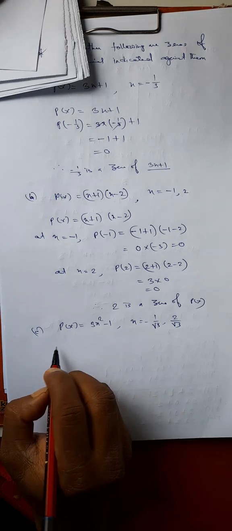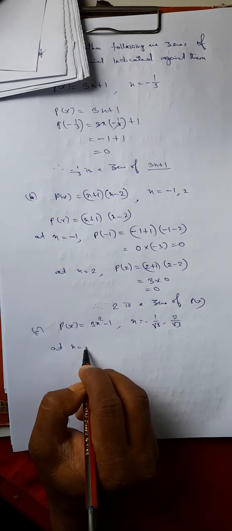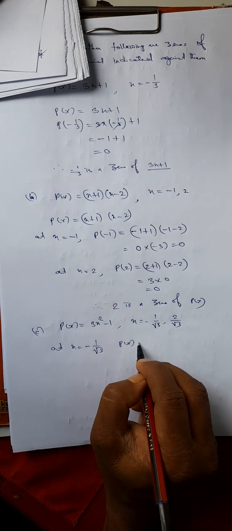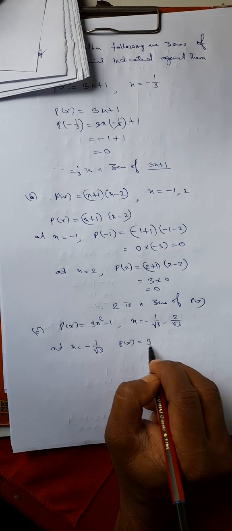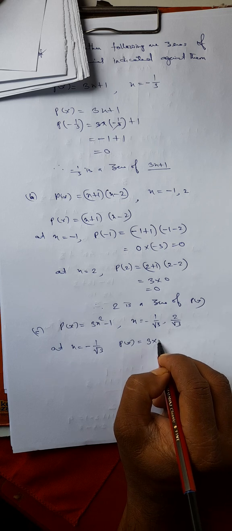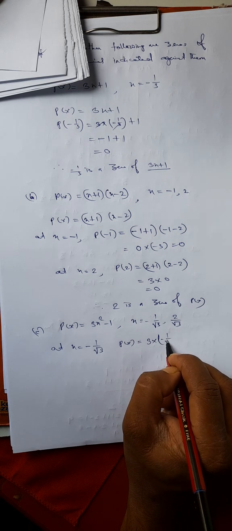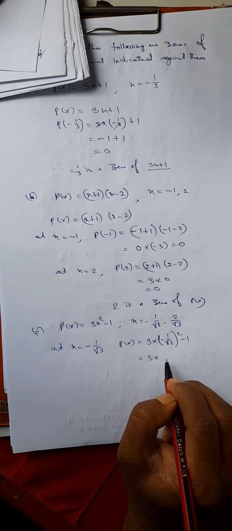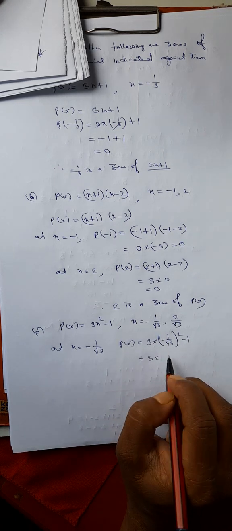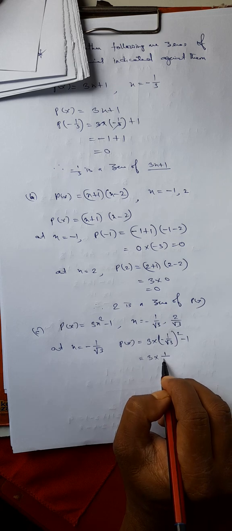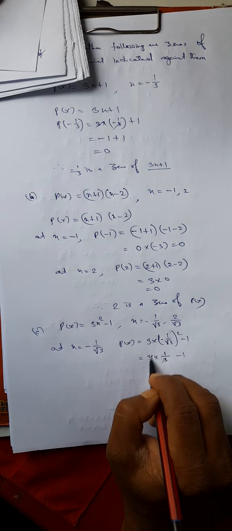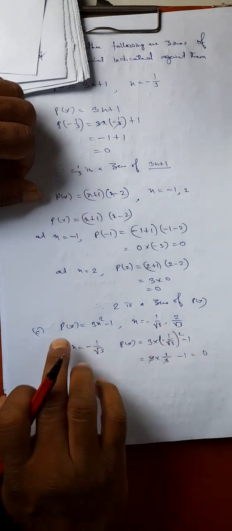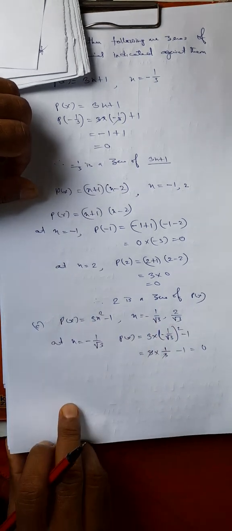Now, see, at x equal to minus 1 by root 3, P(x) equal to 3 into (minus 1 by root 3) square minus 1. You see, square of a negative number is positive. Root 3 square means 3. 3 and 3 cancel each other. Answer is 0. That means minus 1 by root 3 is a zero of this polynomial.